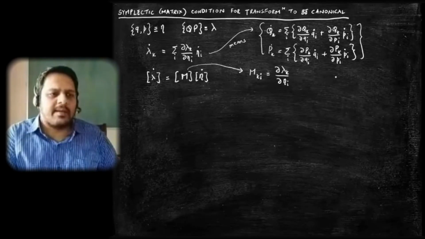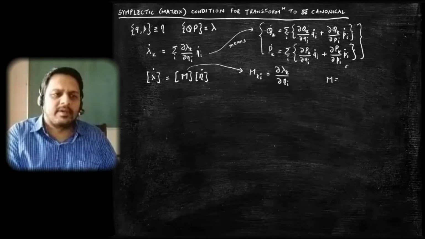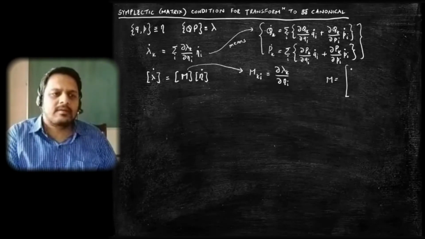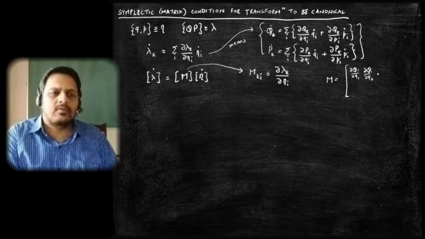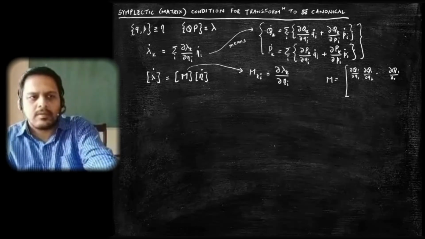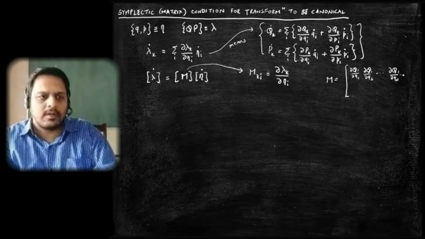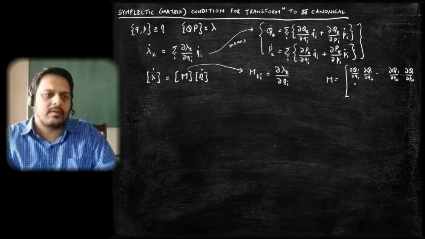So basically the M matrix, if you are particular, will be something like ∂q1/∂q1, ∂q1/∂q2, ∂q1/∂qn, like that till ∂q_n/∂p_n.